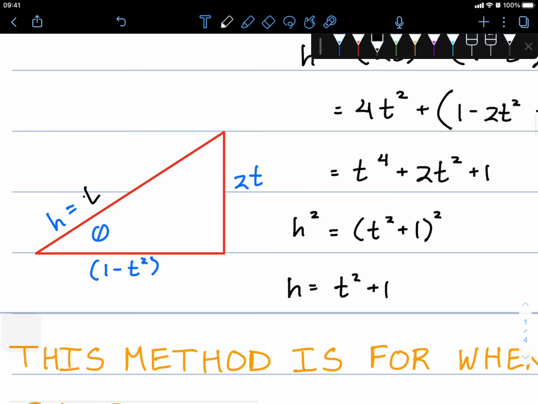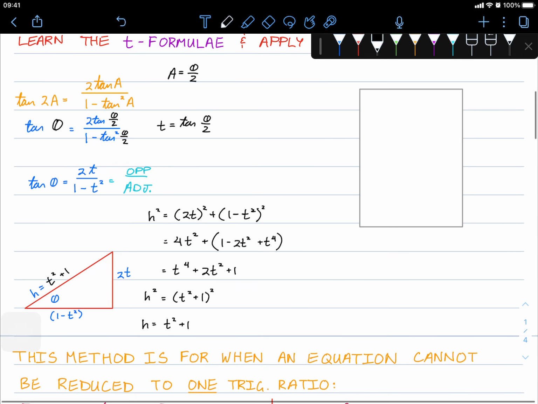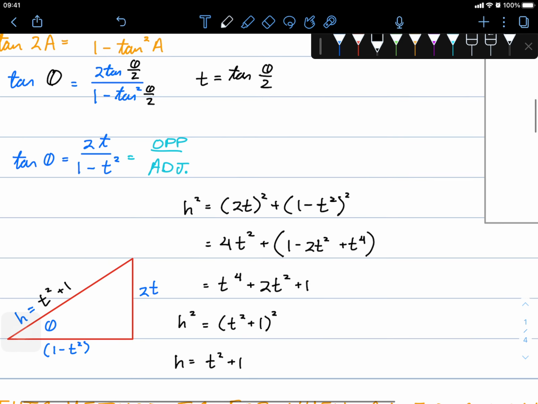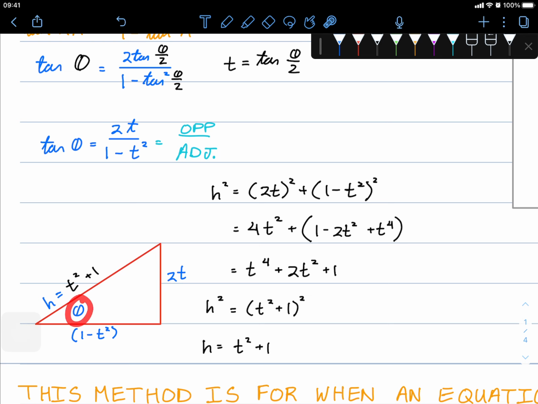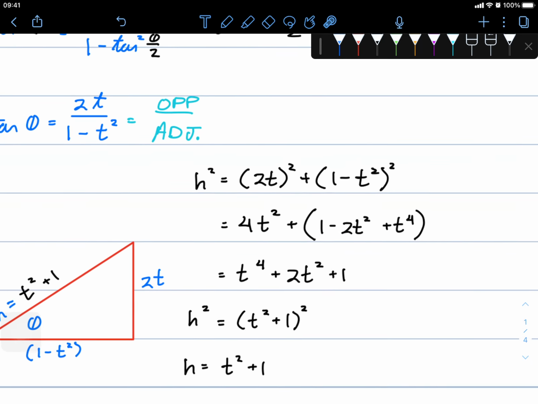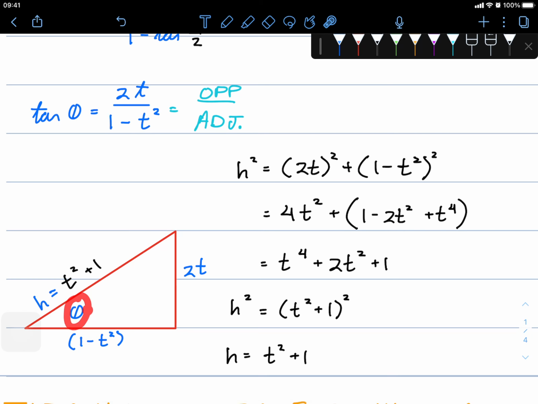So h is t squared plus 1. Well, from there, sine of theta is 2t over t squared plus 1. Cosine of theta is 1 minus t squared over t squared plus 1.